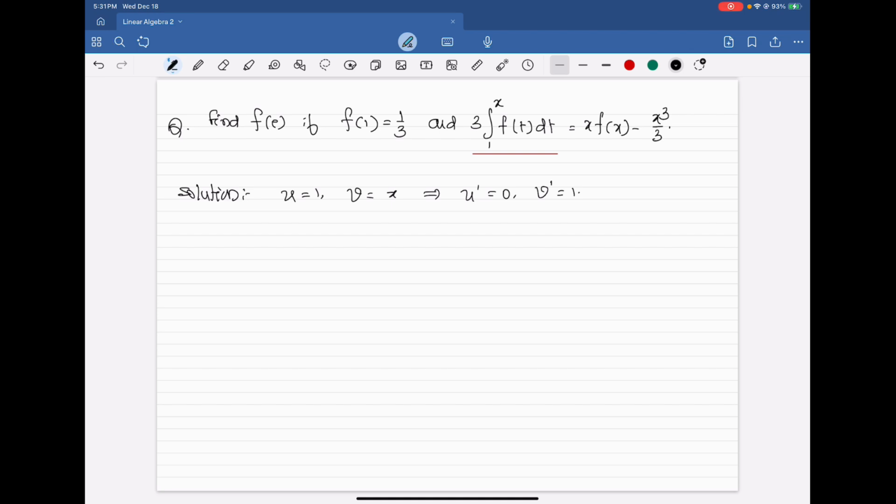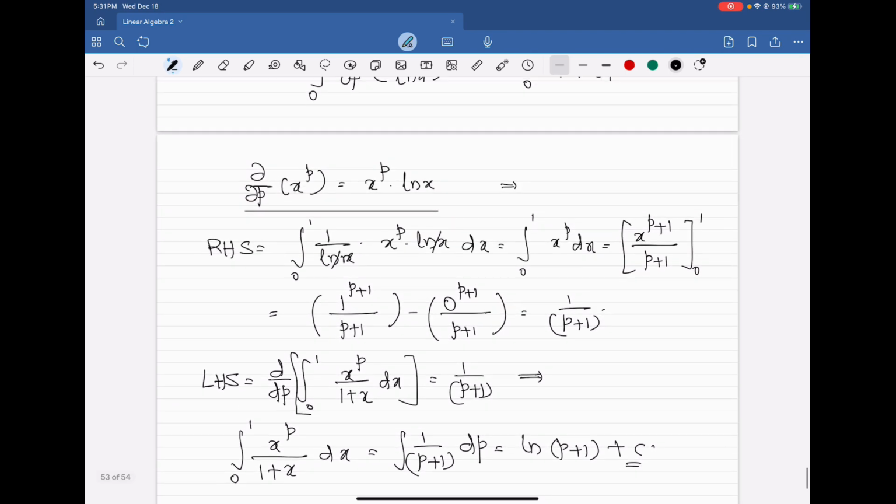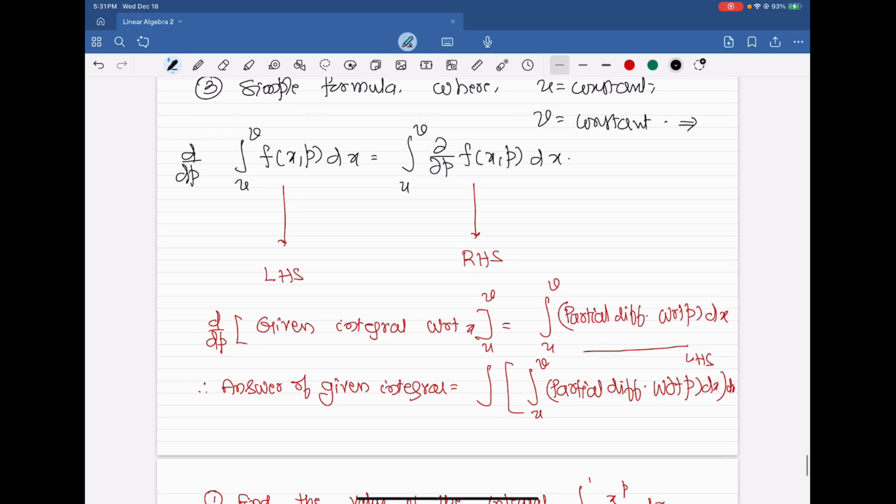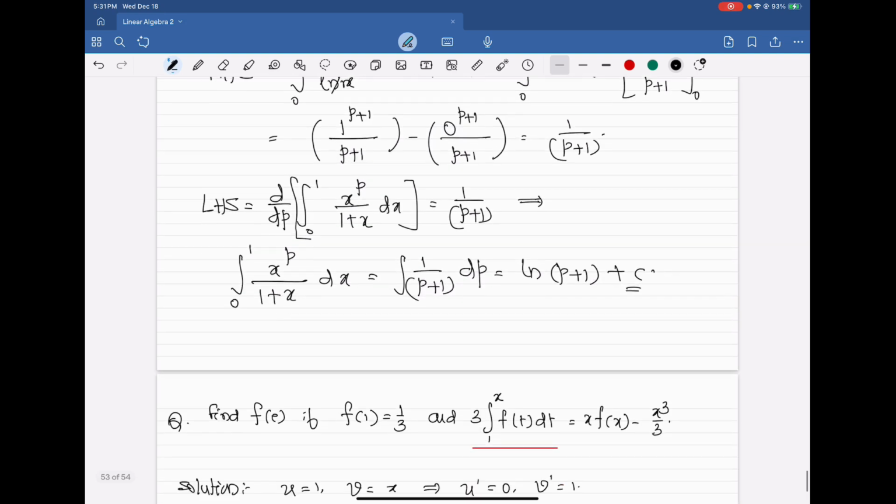And second thing, let us differentiate the left hand side function with respect to x. Because here the variable limits are x terms, we have to write d by dx. In the previous questions, the u and v were functions of p, so we made it d by dp.